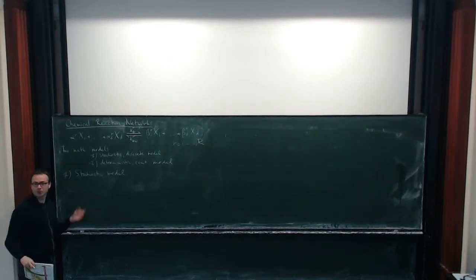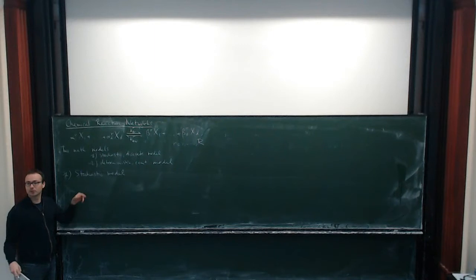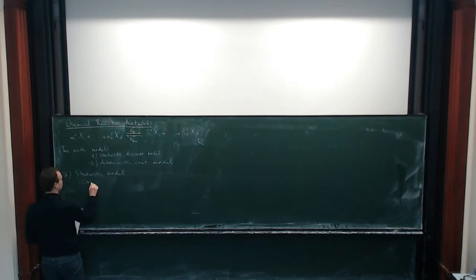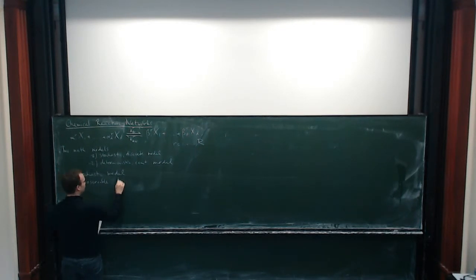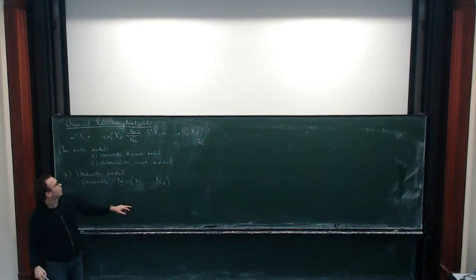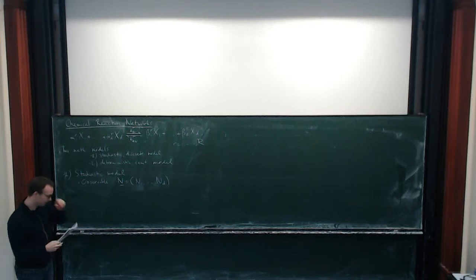In the stochastic model, what you observe is the number of particles of each of those species. So the observable I denote by capital N. This is a vector, and you're just counting the number of particles, n1 up to nd, of each of your d chemical species.